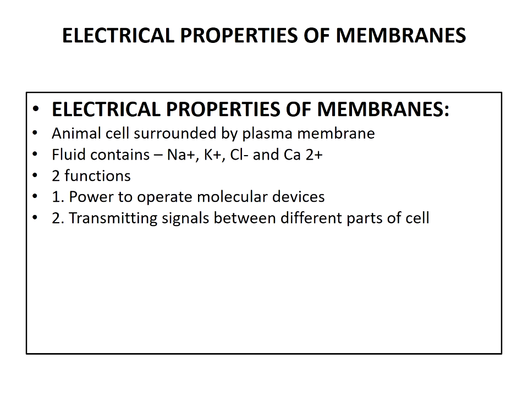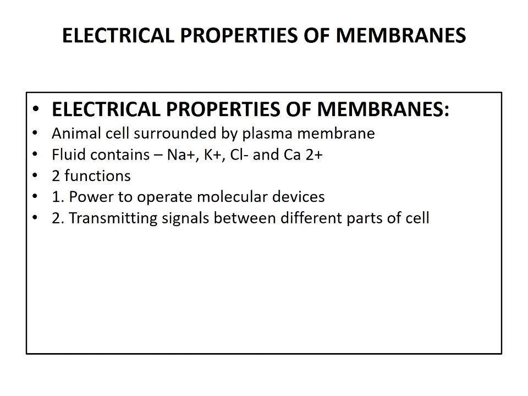So these membrane proteins have two main functions. The first function is that it provides power to operate a variety of molecular devices embedded in the membrane, so there is activation of molecular devices.